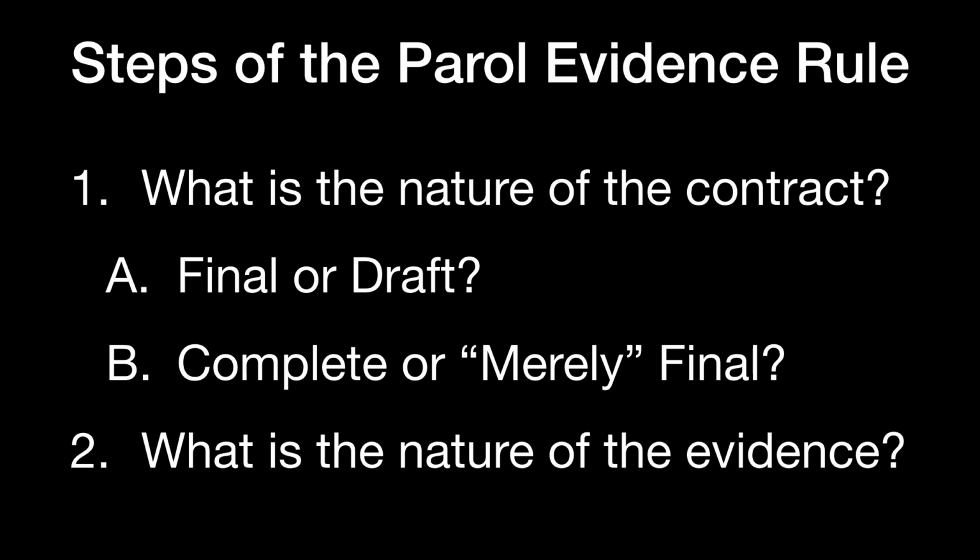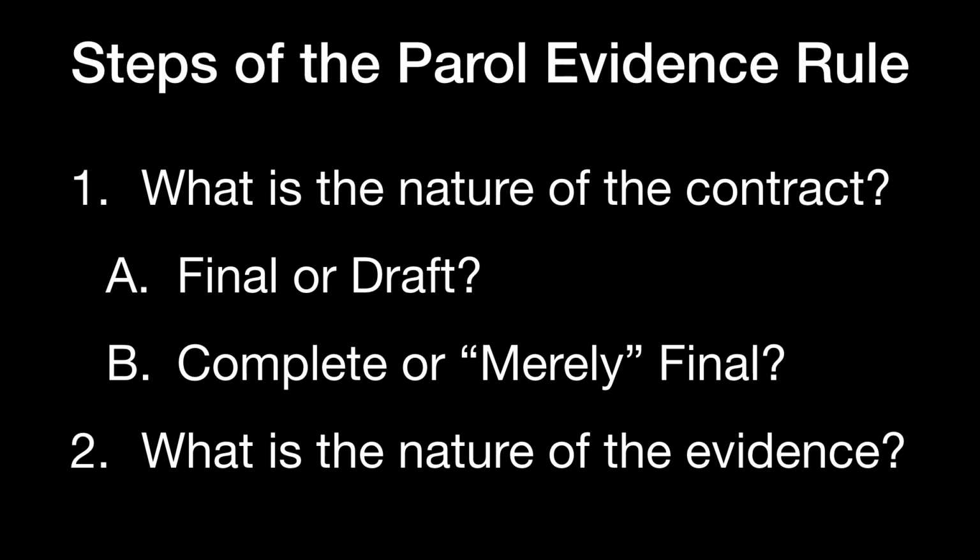If it's a draft, there is effectively no final written contract, and the Parol Evidence Rule does not apply. Once we've determined the contract is at least final, we would then ask if it's more than that, if it's a complete and total integration of all of the parties' terms.